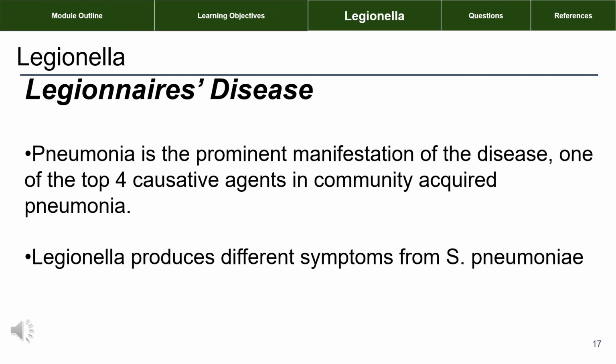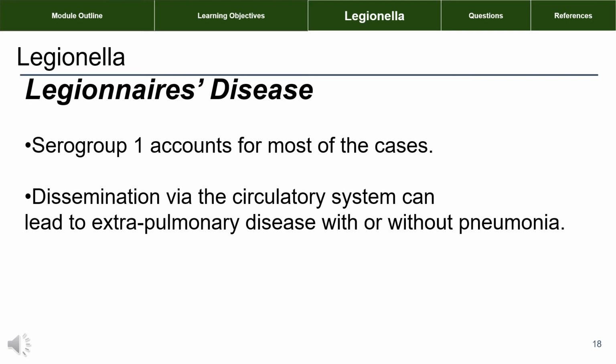Another disease is Legionnaires' disease. This has pneumonia as its prominent manifestation. It is one of the top four causative agents in community-acquired pneumonia. Legionella produces different symptoms from Streptococcus pneumoniae. For Legionnaires' disease, serogroup 1 accounts for most of the cases.